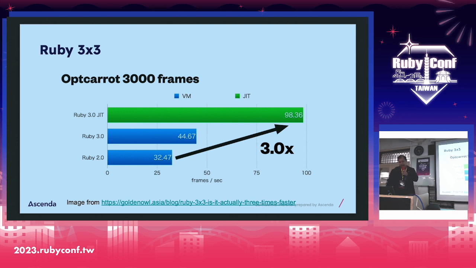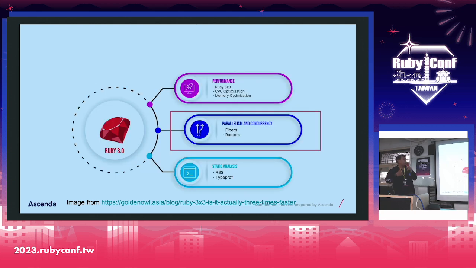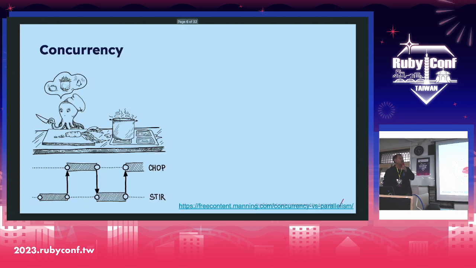Together with those important performance optimizations, there is also another addition, which is Fiber and Ractor. In the era of multi-core machines, with the GIL we cannot utilize all the power of our CPU. Ractor utilizes the machine much better.